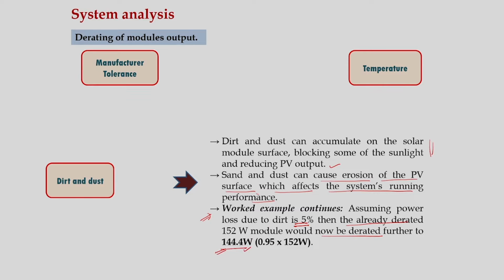Because the module is already derated by the manufacturer tolerance, 160 multiplied by 0.95 into 0.95 is about 144.4 watt, right.